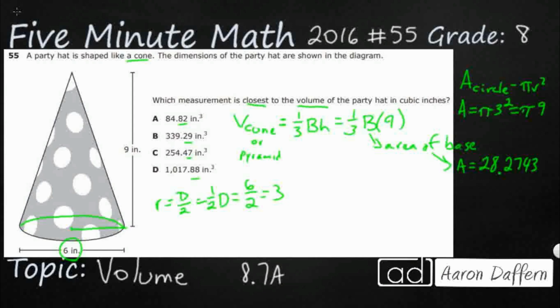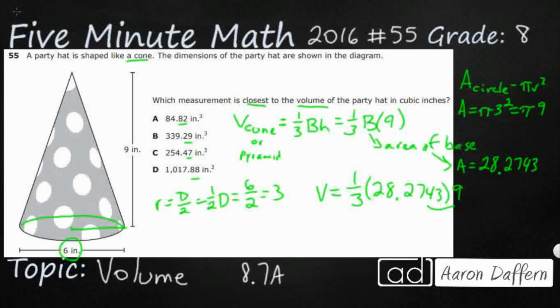So now here's my big formula. 1/3 times my base, 28.2743, times my height of 9. All right, so let's just do that in 2 chunks. I'm going to take these two right here, and I'm going to multiply them.